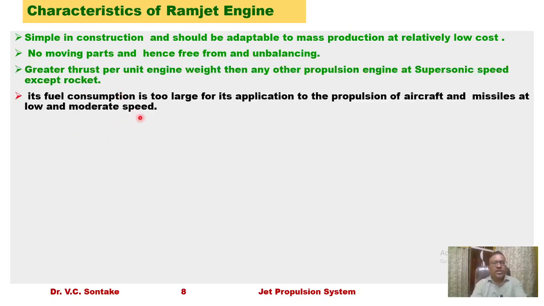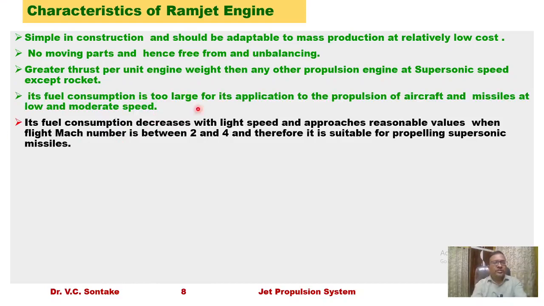Its fuel consumption is too large for its application to the propulsion of aircraft and missiles at low and moderate speed. Its fuel consumption decreases with flight speed and approaches reasonable values when the flight Mach number is between 2 and 4, and therefore it is suitable for propelling supersonic missiles.